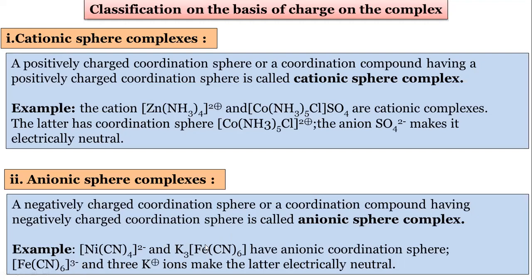I also explained that when a counter ion is on the left hand side, the complex is anionic. In case of a cationic complex, if the counter ion is on the right hand side of the square bracket, this complex will be positive. So if no charge is given and the counter ion is given, you can also identify whether the complex is cationic or anionic.